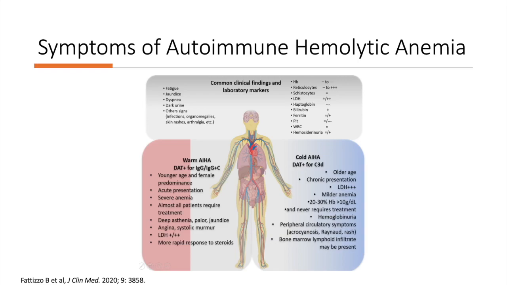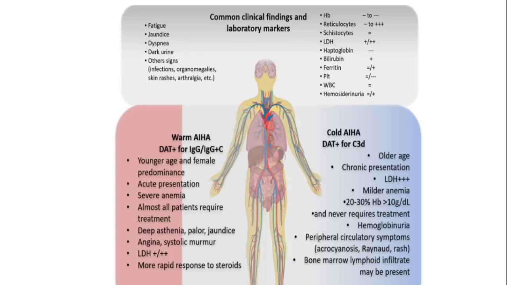Most symptoms are generic and not really specific, including fatigue, asthenia, shortness of breath, worsening of a previous cardiac discomfort or other cardiac symptoms and signs, and others are more specific for hemolysis, like dark urine and jaundice due to increased bilirubin levels.